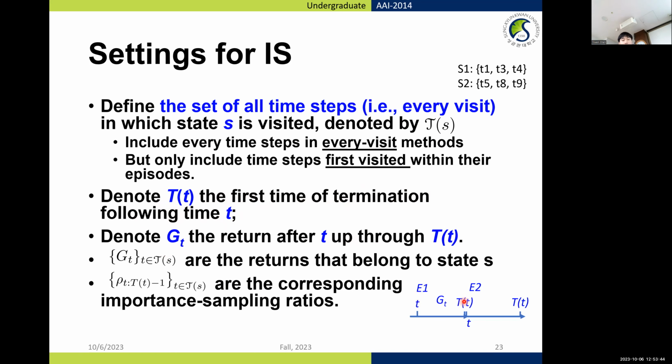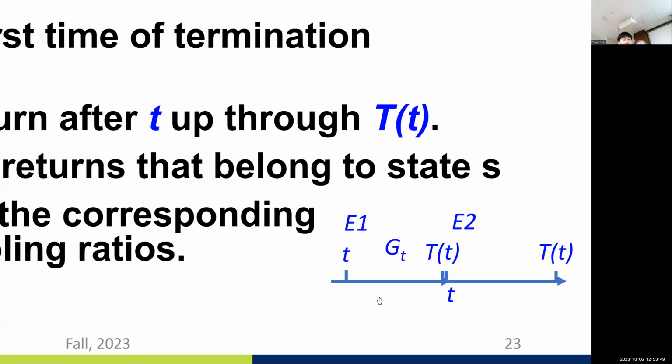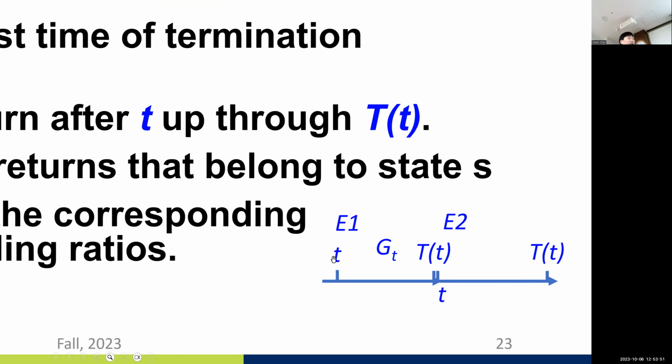I draw this small timeline for you. The setting is here. We have a starting t, then termination T. The GT is the accumulated rewards return for this episode 1. We may have another episode 2. We also start from t, then termination T. This is a GT in E1, and there could be another GT in E2 for a particular state.